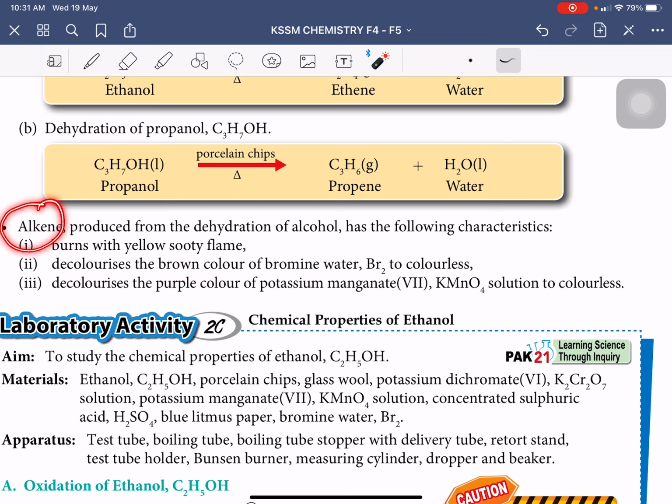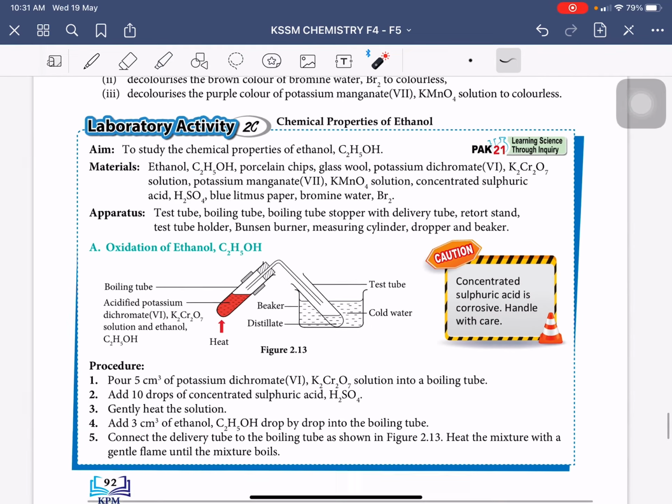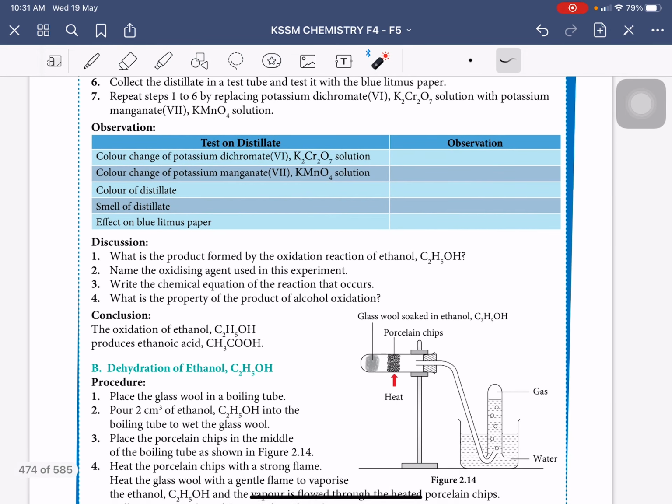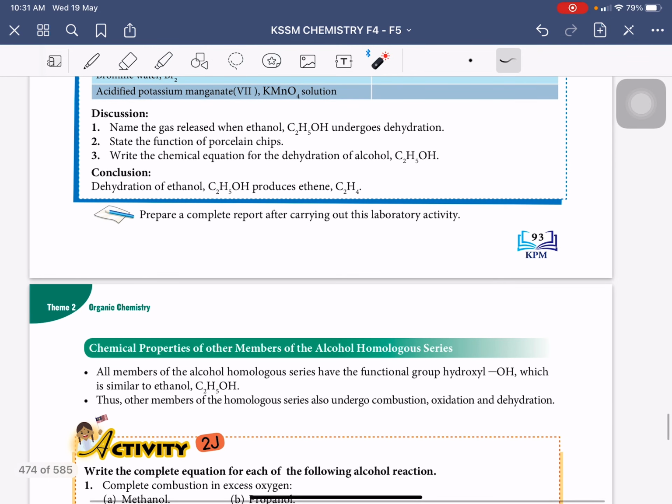So alkene yang dihasilkan juga can decolorize the purple color of KMnO4 to colorless. This experiment you must do, and I will upload the instruction of the lab report. Walaupun belum lagi buat itu eksperimen, tapi tolong buat lab report sedia because this is very important, wajib.